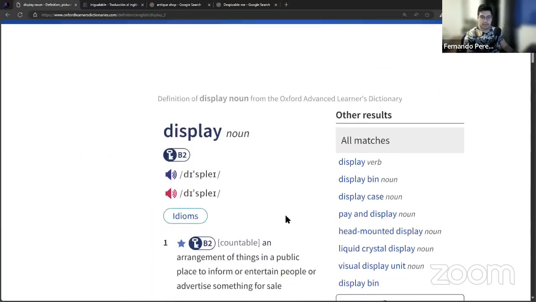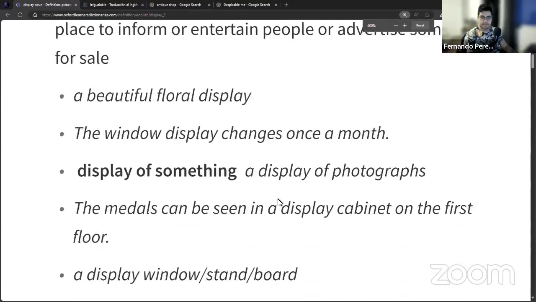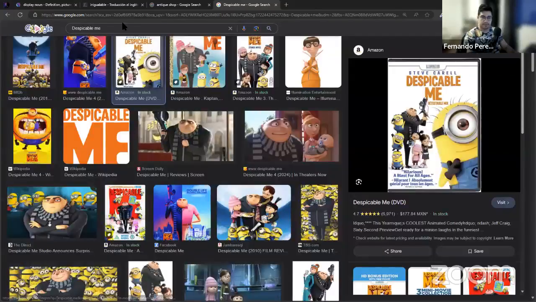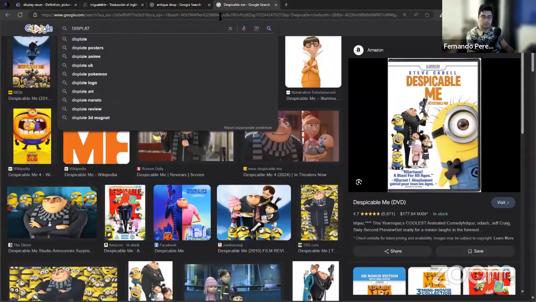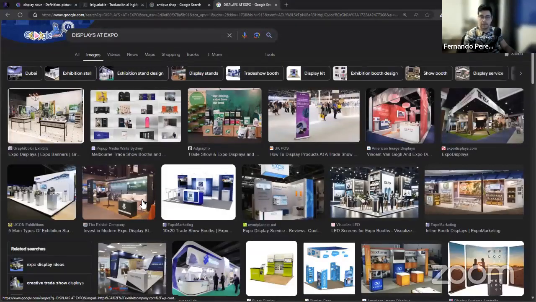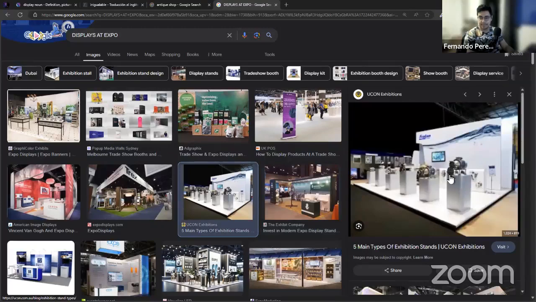Display as a noun. This is B2, so it's going to be better if we have a picture. At an expo, you normally have the product for people to test, right? This product for people to try and to test is called a display.